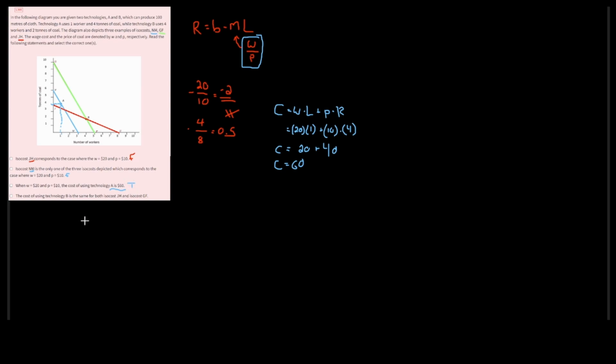Finally, the cost of using technology B is the same for both isocost JH as well as isocost GF. Okay, so let's take a look at this one. This one's kind of interesting. So JH and GF, they're saying it's the same in both cases.